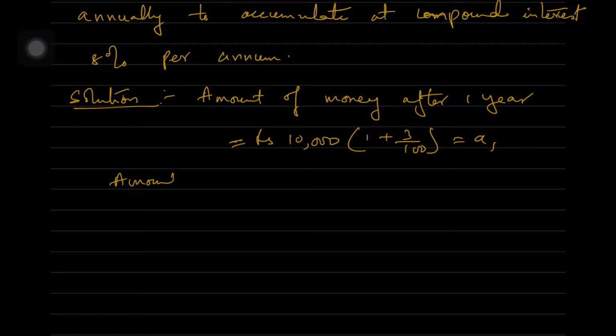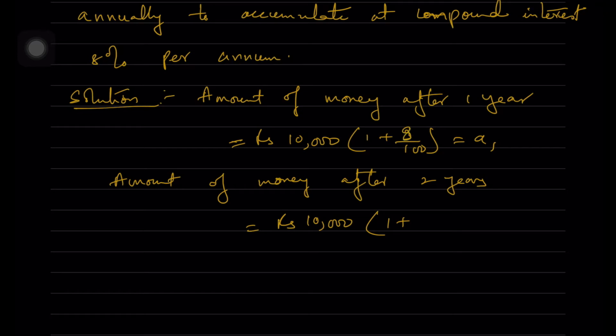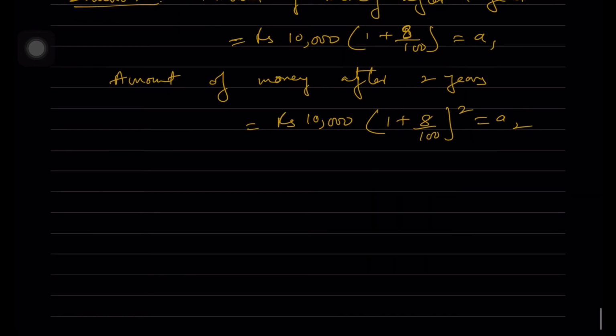Amount of money after 2 years is equal to rupees 10,000 into 1 plus 8 by 100 whole square, which is equal to A2.